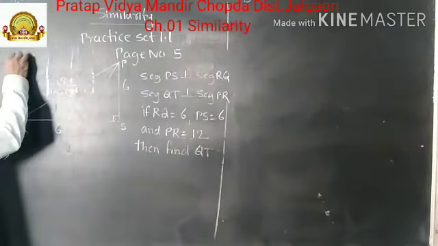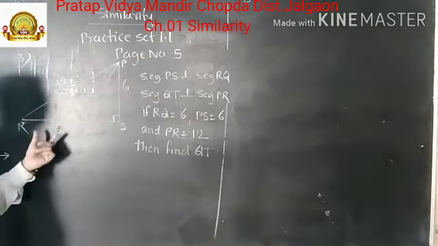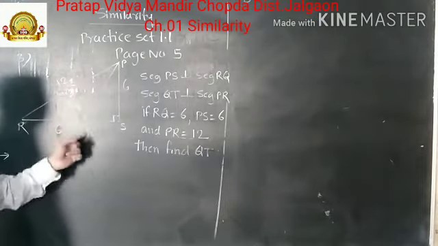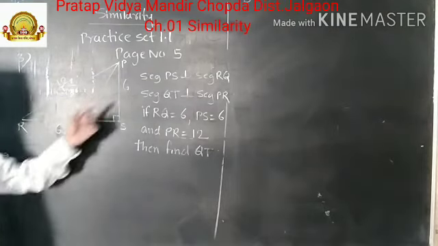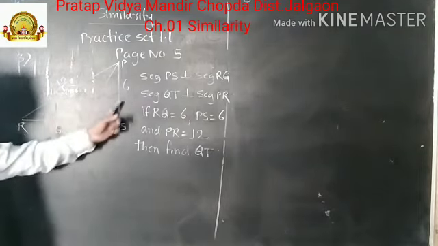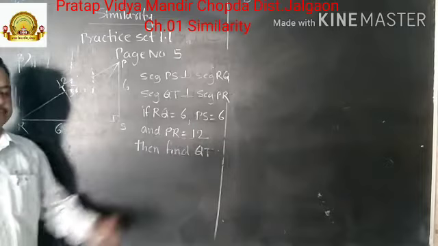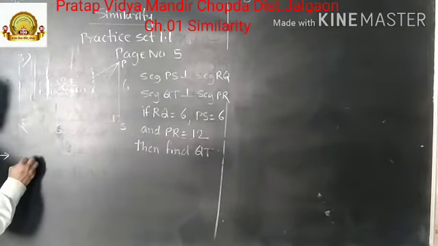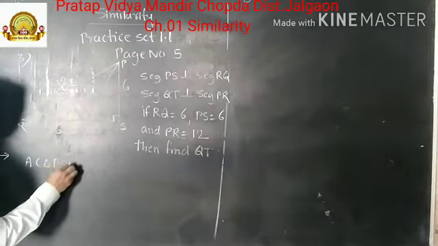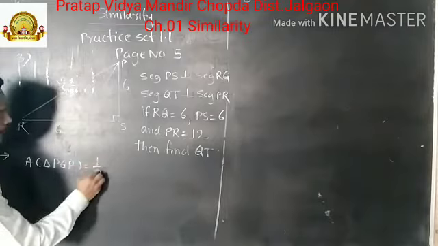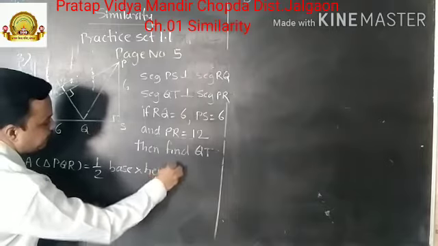The next, third example. In this example, segment PS is perpendicular to segment RQ, and segment QT is perpendicular to segment PR. If RQ is equal to 6, PS is equal to 6 and PR is equal to 12, then we have to find QT. To solve this example, area of triangle PQR is equal to 1/2 base into height.